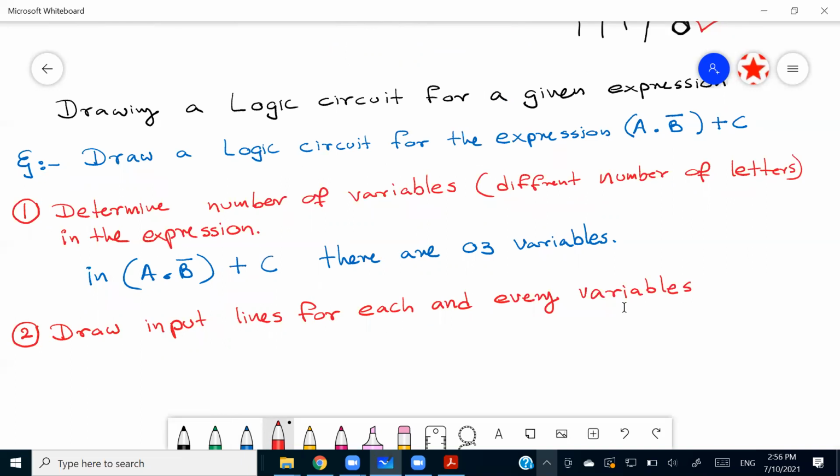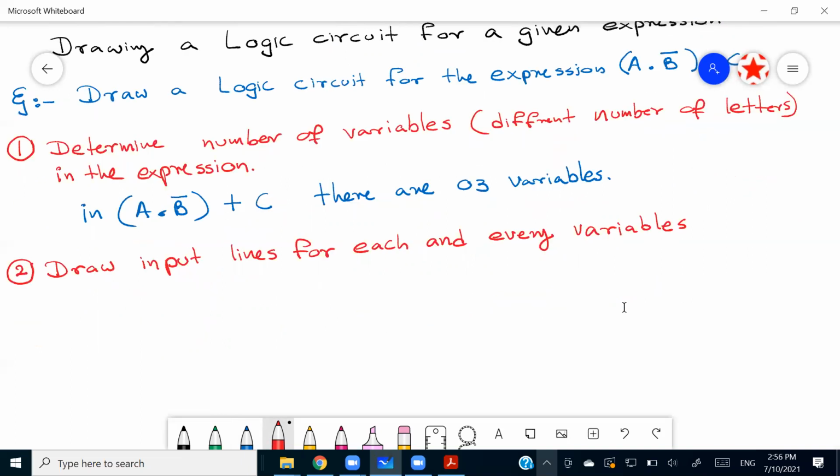So this is simple, right? Drawing input lines means we are just drawing three lines because we got three variables. So we are going to name them like this, A, B, and C, which is very simple, right?